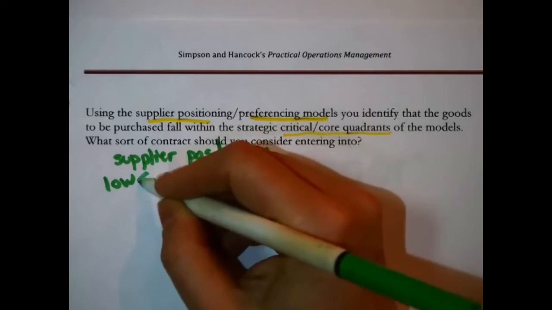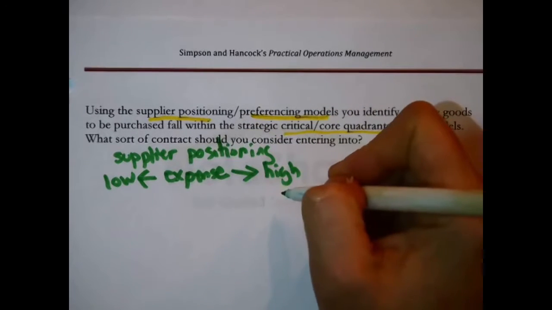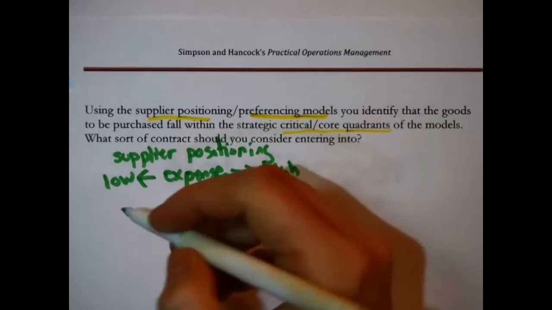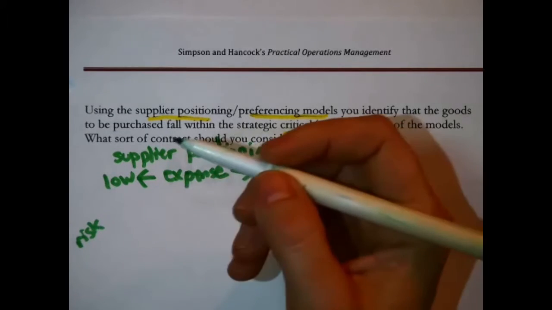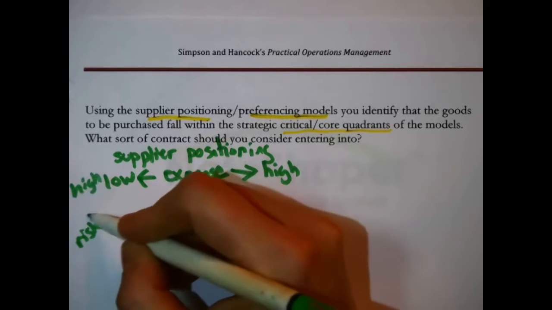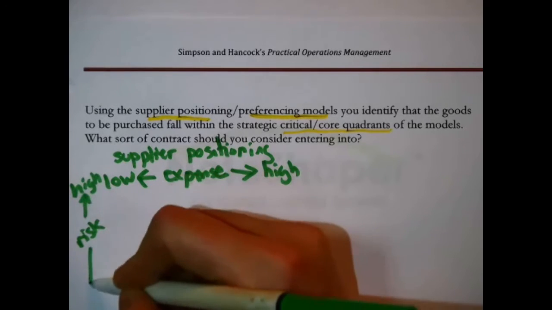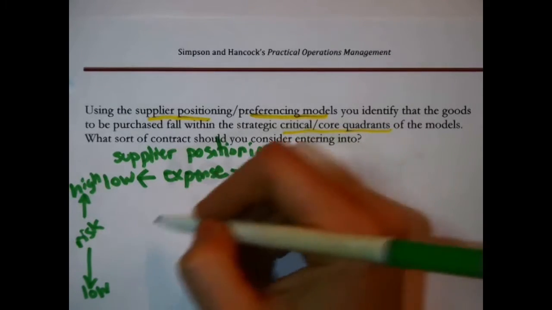Except wait a minute, you're thinking about your purchasing of something, there's something else that you're supposed to consider simultaneously, and that's your risk. The vulnerability of the supply. Is it really critical? Or is the risk low? This that you want to purchase, can you pretty much get it anywhere?